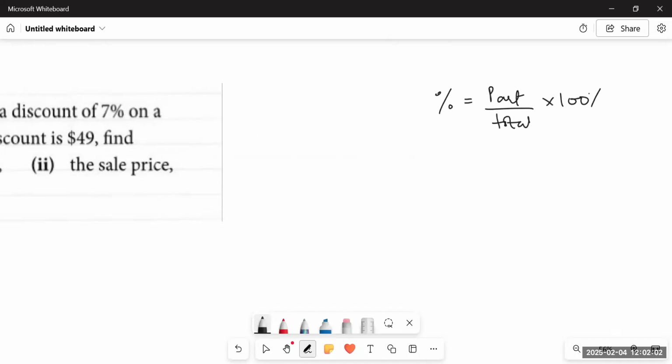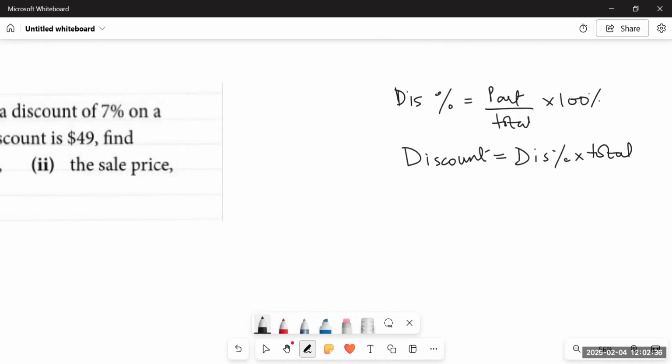Like if we are provided with a discount and the original price, we will keep the discount in the numerator, the original cost in the denominator, multiplied by 100%, and we will get the discount percentage, right? The second formula is if the discount percentage and the total are given and we have to find out the discount. I told you in the previous question, we just have to multiply the percentage of the discount with the total, the original amount, to find out the discount.